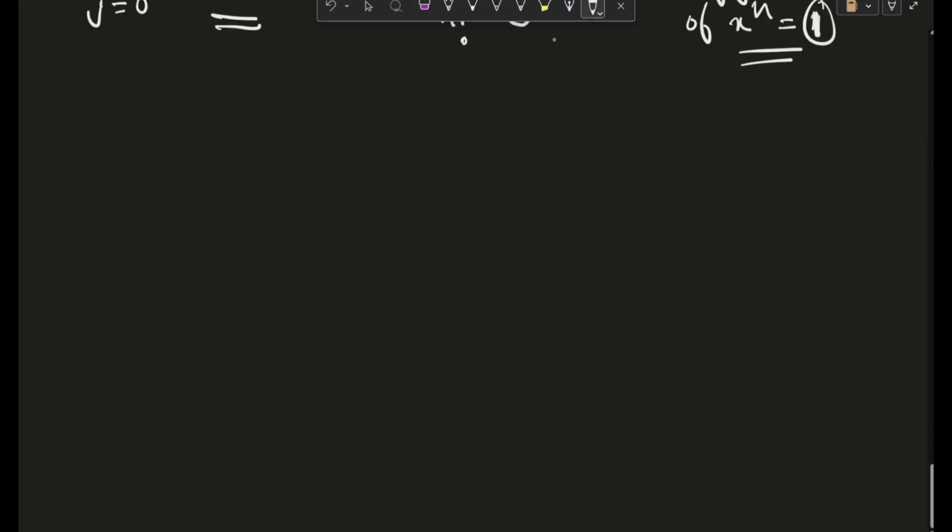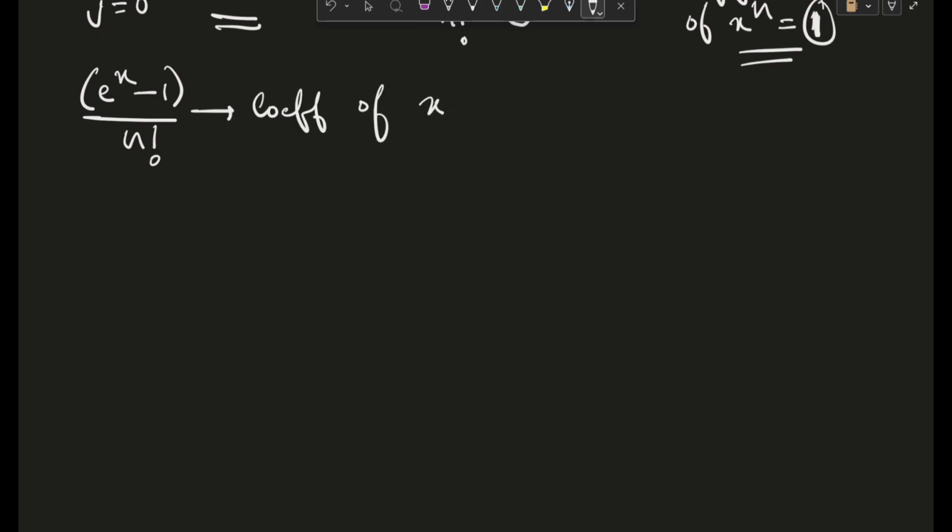So basically that thing which is written there, that complete bracket part, all those sigma and all, divided by n factorial, this thing is equal to 1. Actually, this is your e power x minus 1, whole power n, by n factorial. In this, the coefficient of x power n by n factorial is always equal to 1.